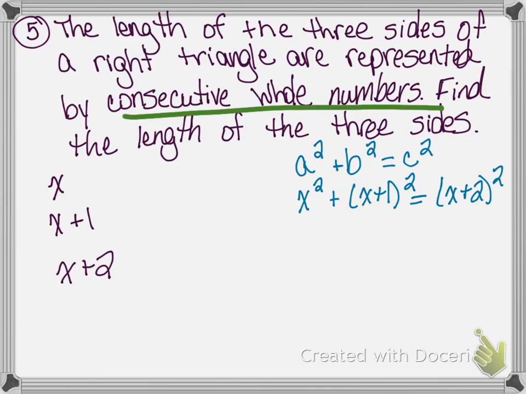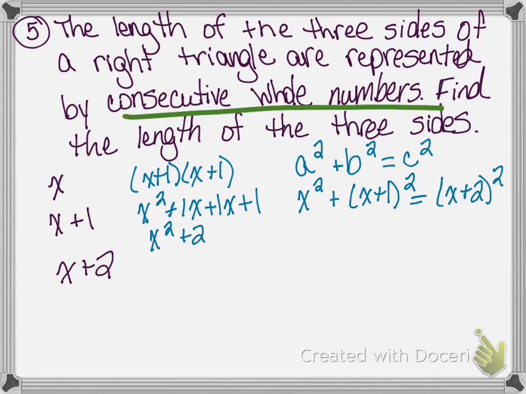Okay? So I have x plus 1 squared is x plus 1 times x plus 1. So x squared plus 1x, so I've done x times x and x times 1, then 1 times x, and 1 times 1. So I have x squared plus 2x plus 1.